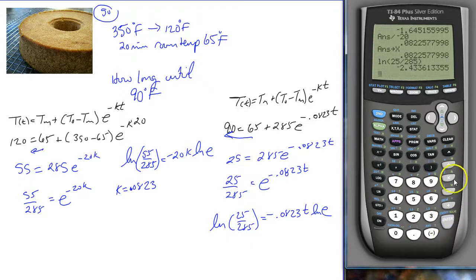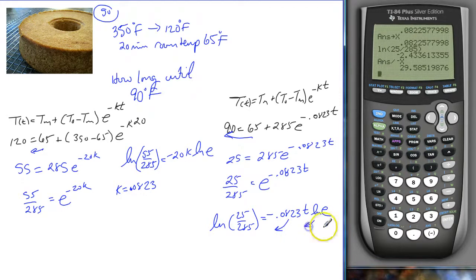Enter. Divide by negative point. Oops, almost fell for it. I don't want that. I want the x value. So negative x, which would be all of our decimals. Enter. If I divide by ln e, it doesn't change anything, right? So I move this over, you get rid of this.